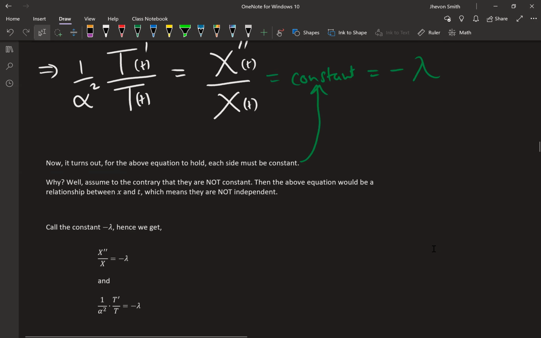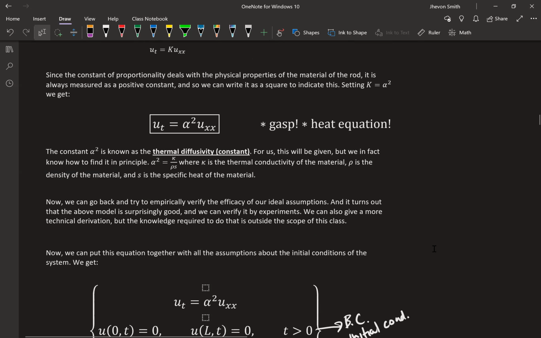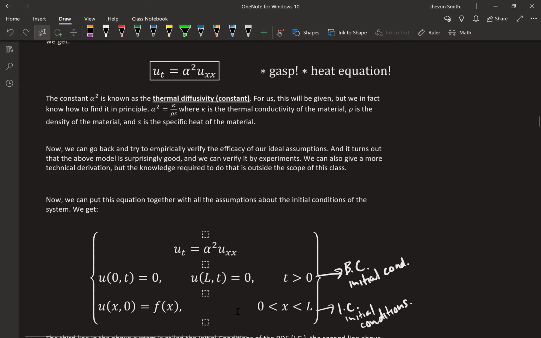So if I go back to the initial statement of the problem, what in here was not used so far? What did we not apply?